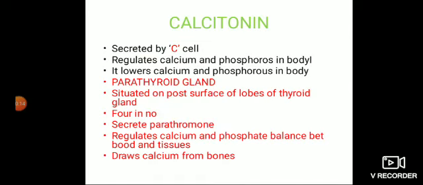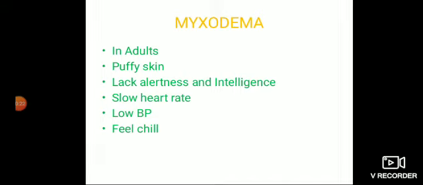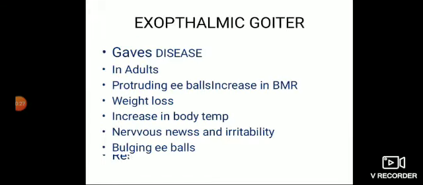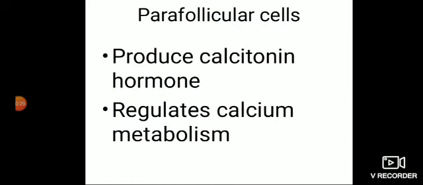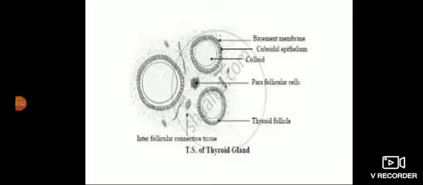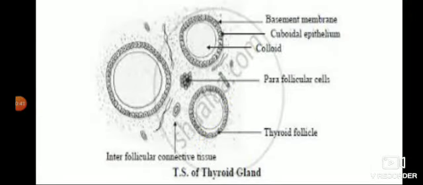Calcitonin, I told you that this calcitonin is produced by the C cells or the parafollicular cells. These parafollicular cells are present in the stroma, and see here, these parafollicular cells produce the hormone calcitonin.